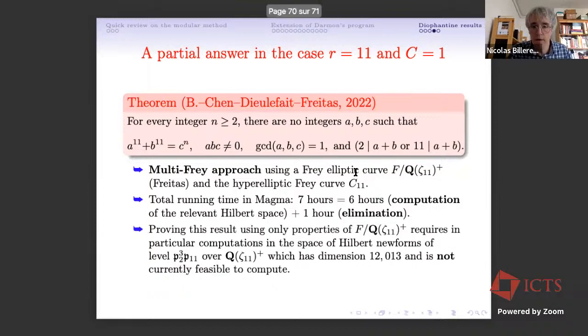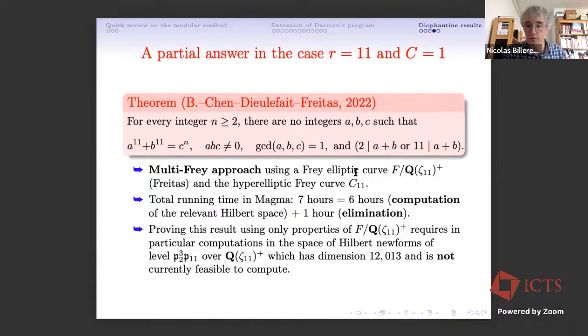But now, if you want to prove this result using only properties of elliptic curves, you don't want to use Frey abelian varieties of dimension greater than 1, then it would require doing computation in the space of Hilbert newforms of level p2 cubed times p11, where p2 and p11 are the only prime ideals in Q(zeta_11)^+ above 2 and 11 respectively.